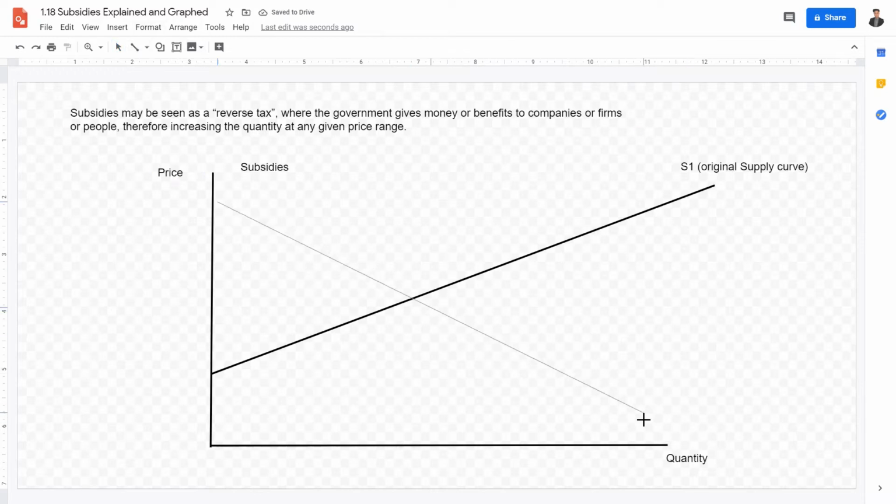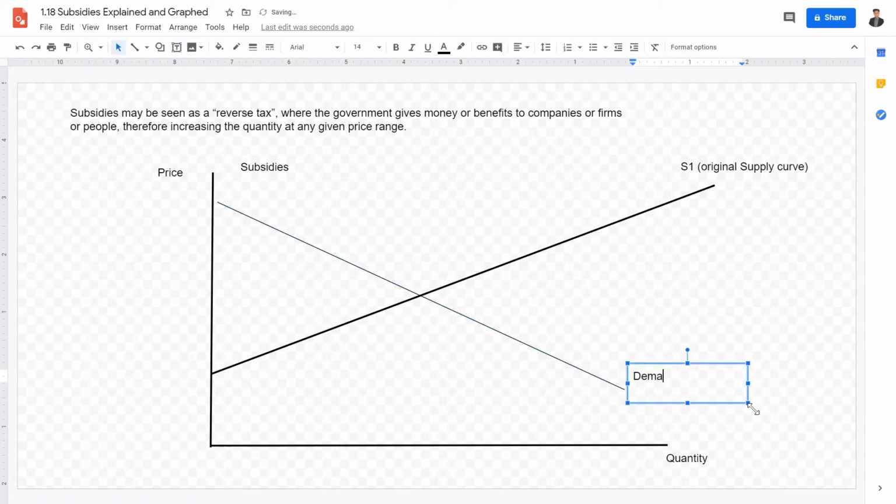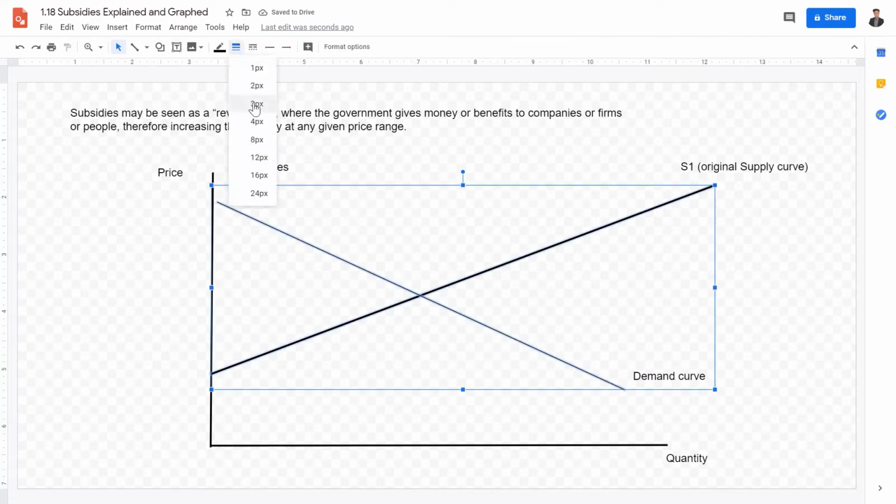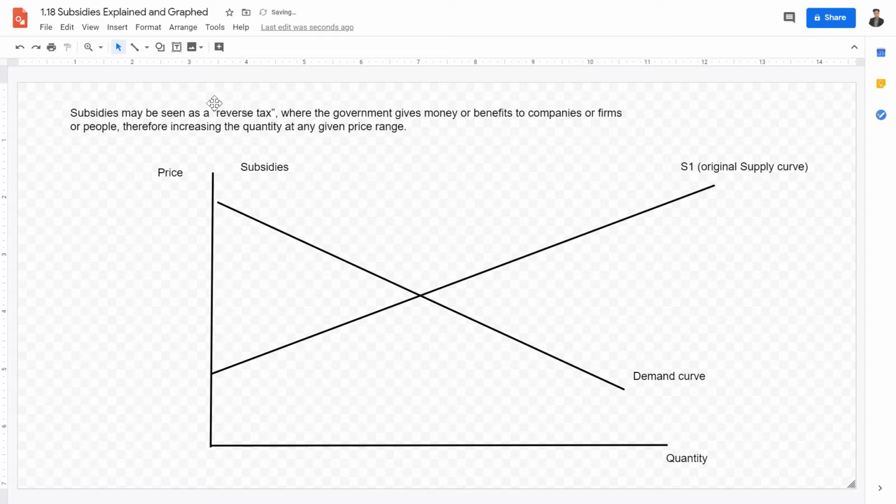Let's give it also a demand curve. So here we have the demand curve. We have the supply curve, we have the demand curve. Now, what does a subsidy look like? A subsidy looks like the supply curve going downwards, right? Because the price of the good decreases at exactly the same given quantity.